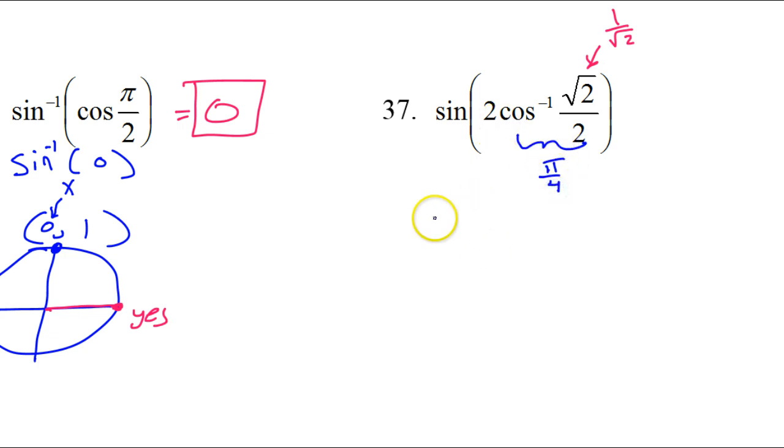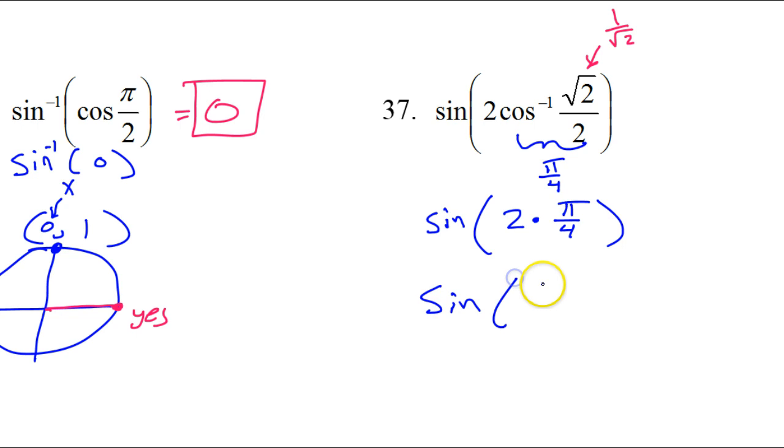Okay? So that means what we have is 2 times pi over 4 on the inside of here. Now, that is the sine of 2 pi over 4, and this reduces down to pi over 2.